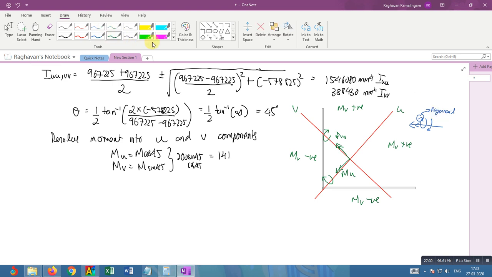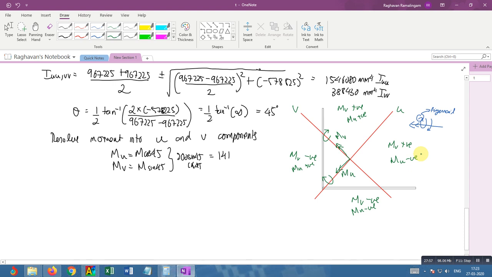If I apply a similar concept to mu, I see that here will be mu positive. Here also mu positive. And here I have mu negative. Mu negative.